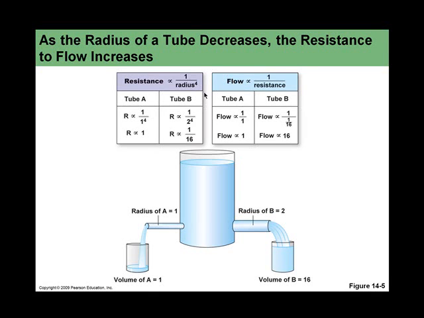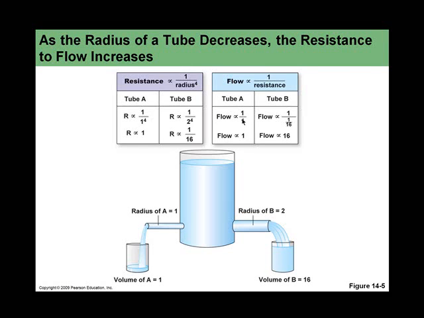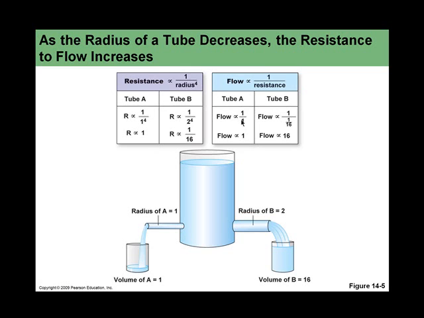But let's now apply the relevance of this power of 4. Obviously, if the resistance is 1, as we had estimated here, the flow is going to be about 1. We're not saying units, and we're not saying that that's the absolute flow here. We're just saying that this could represent it, and we simplify it that way.